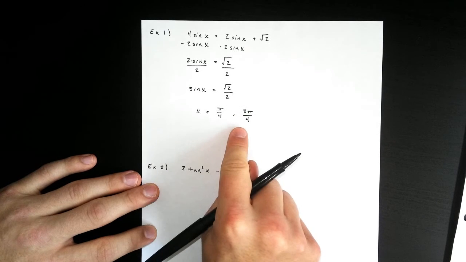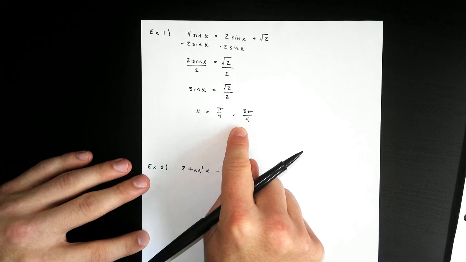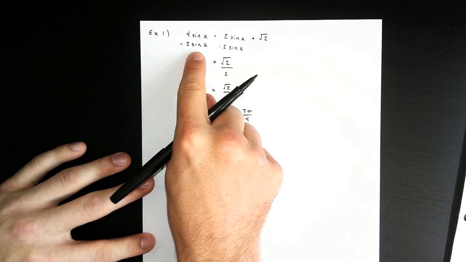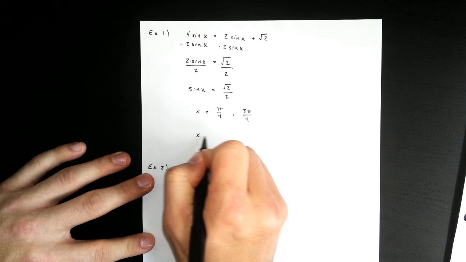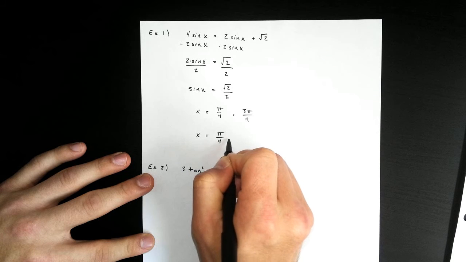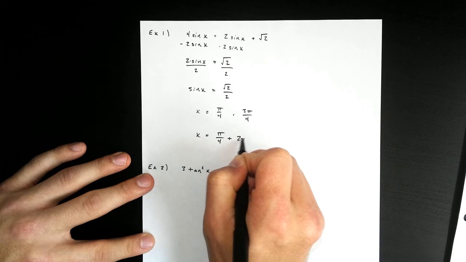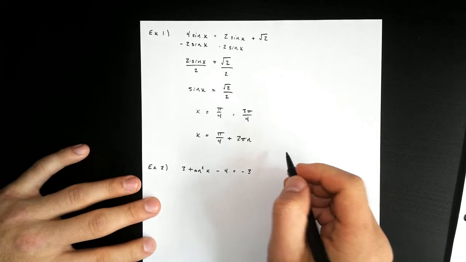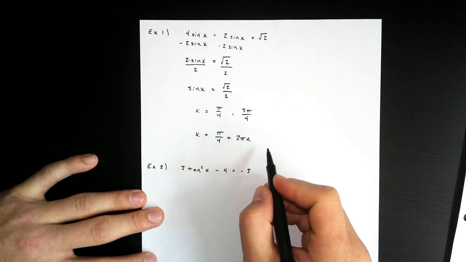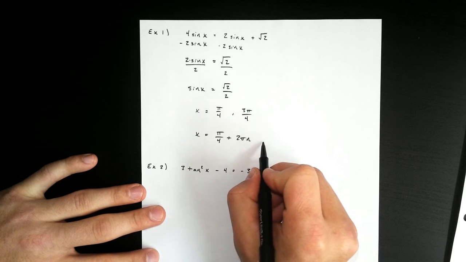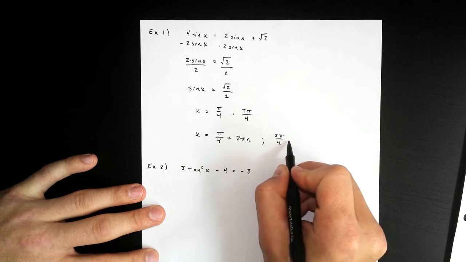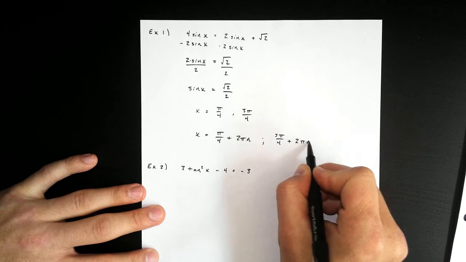Now these are just 2 of the solutions. We actually have an infinite number of solutions. Because the period of sine is 2 pi, that means all of our solutions are pi over 4 plus 2 pi n, where n is some integer, so this is some multiple of 2 pi, or 3 pi over 4 plus 2 pi n.